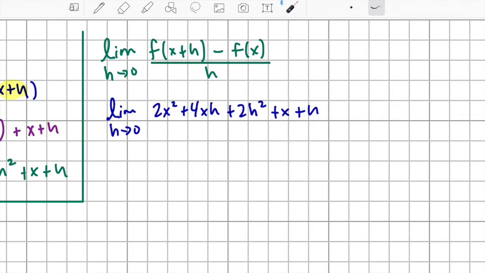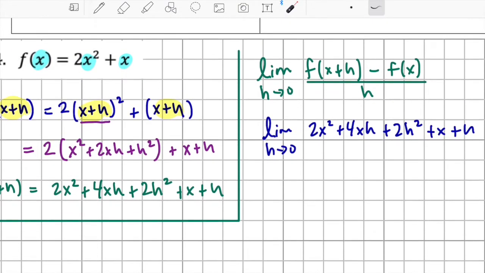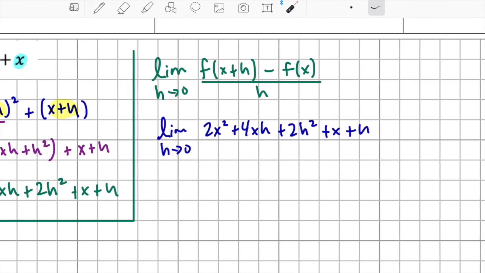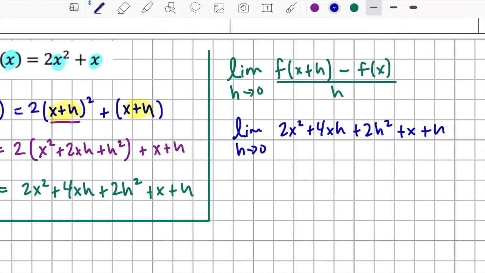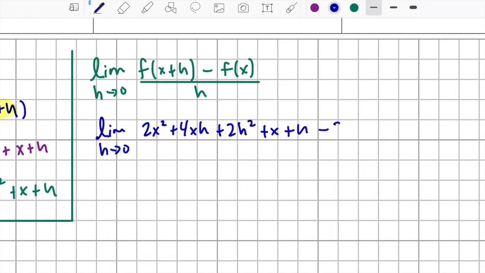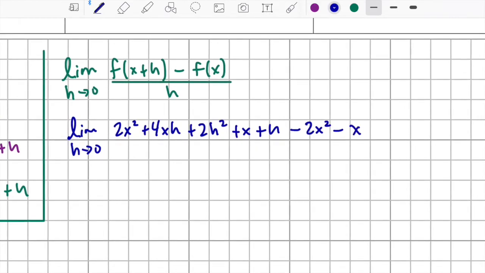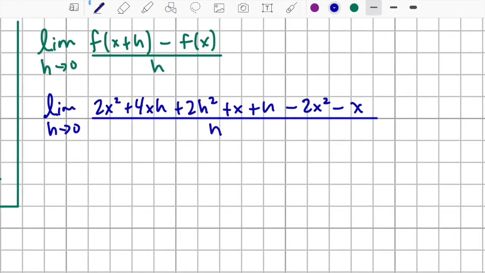If f of x is 2x squared plus x, then minus f of x is going to be the opposite of that, which is minus 2x squared minus x. If you don't remember that, just go ahead and put parentheses around it, all over h. It looks nasty, but it's not.